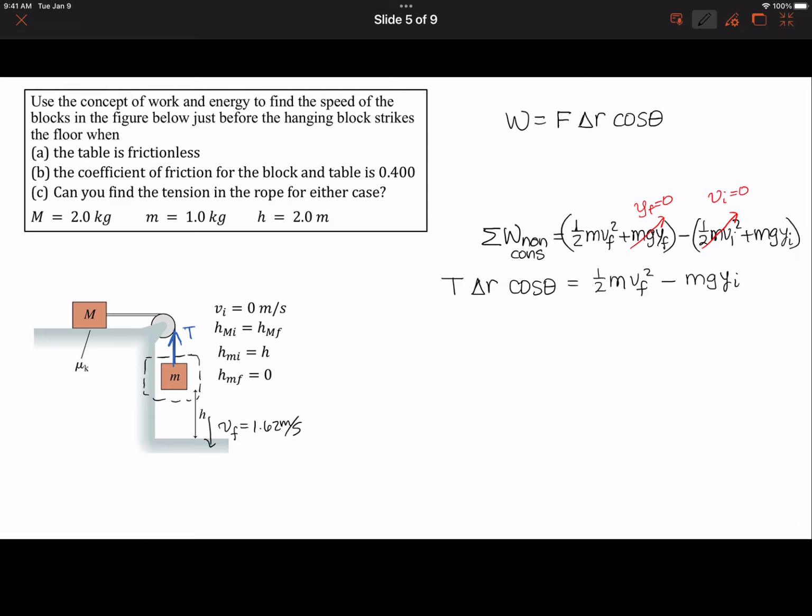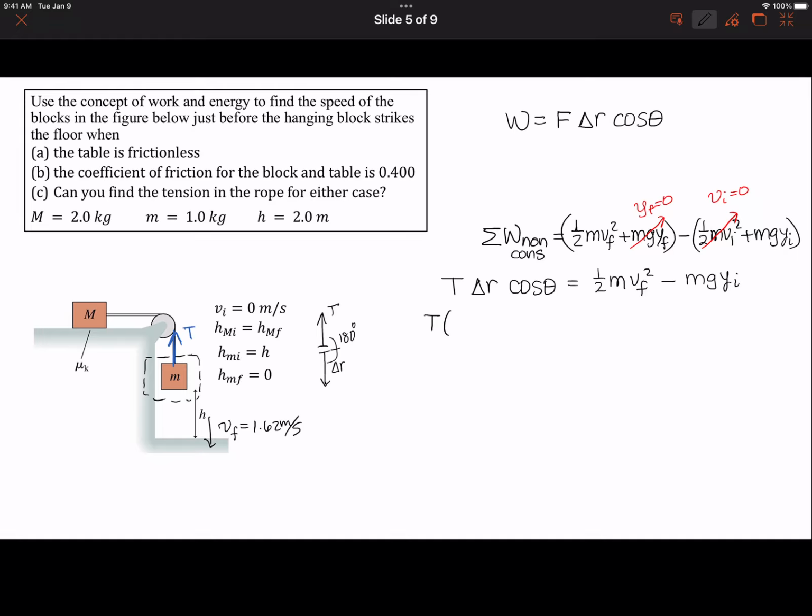All right, so we need to ask ourselves, what is the angle for the tension? The tension is acting upward, but the displacement of the mass is downward. And so the angle between them is 180 degrees, meaning that the tension is actually opposing the motion of the hanging mass. So this would be the tension.